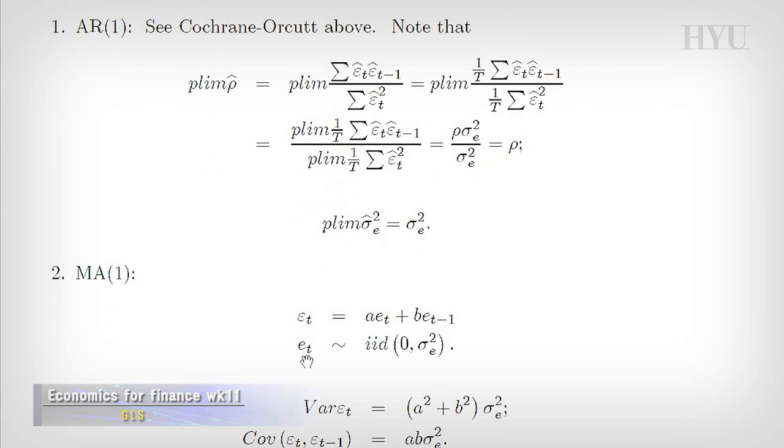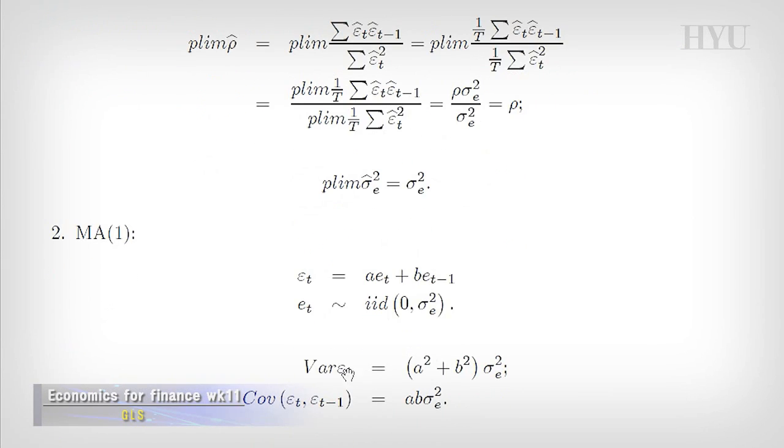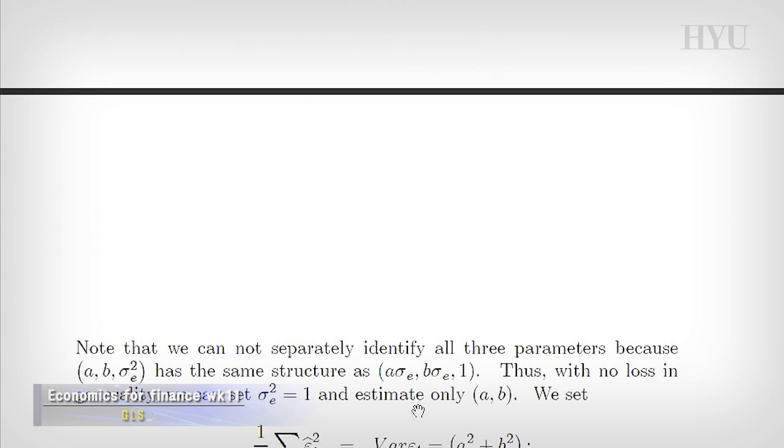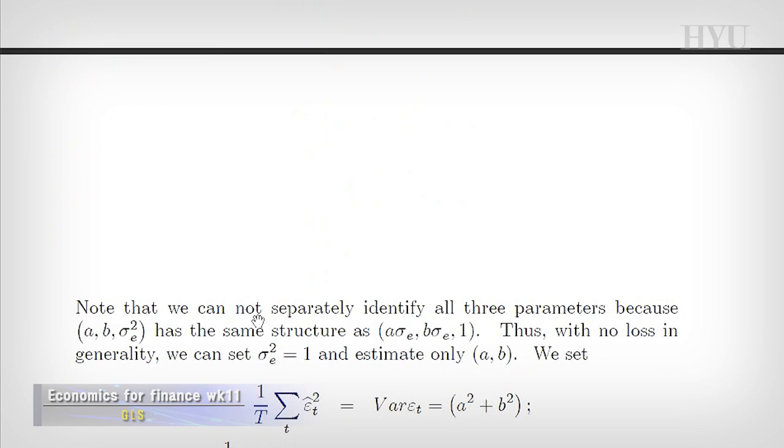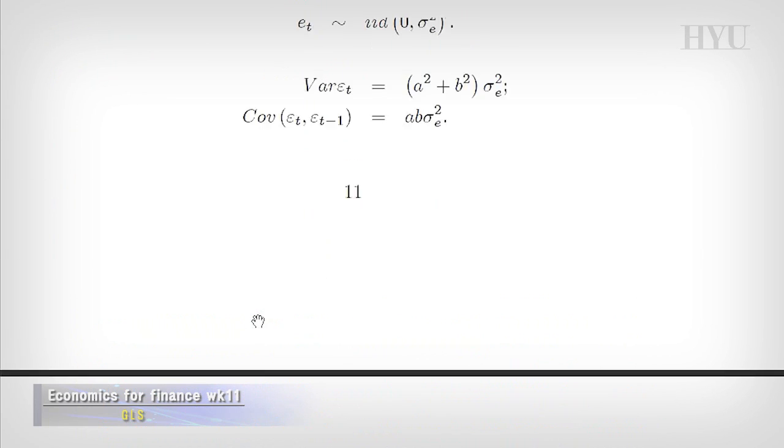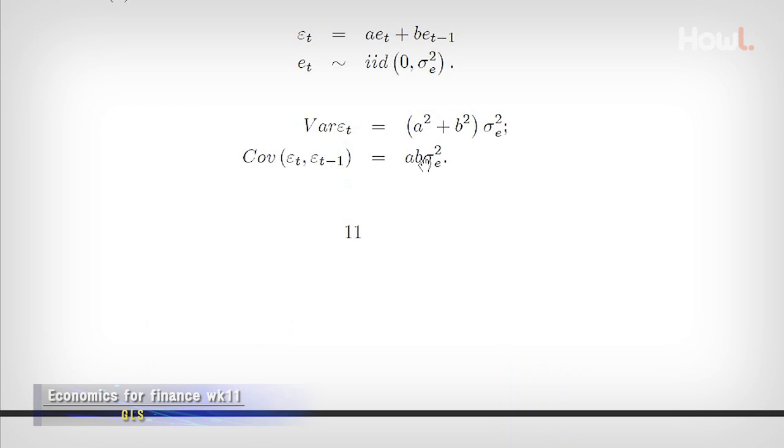And for the MA(1) procedure, suppose epsilon looks like this and e looks like this. We know the variance of epsilon looks like a squared plus b squared times sigma e squared, and the covariance between epsilon t and epsilon t minus 1 looks like this. Note that we cannot separately identify all three parameters in this case.